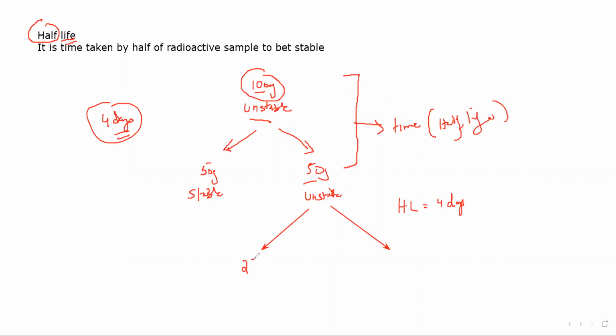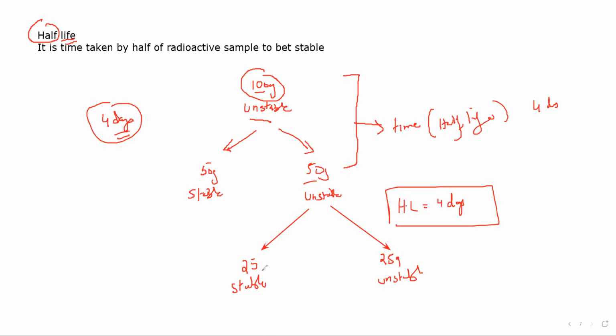So you will have 25 gram stable and 25 grams unstable. So if the half-life of the sample is 4 days, every time it changes half of its original value, it will always take 4 days to complete that. If 100 changes to 50 in 4 days, the 50 will change into 25 also in 4 days.